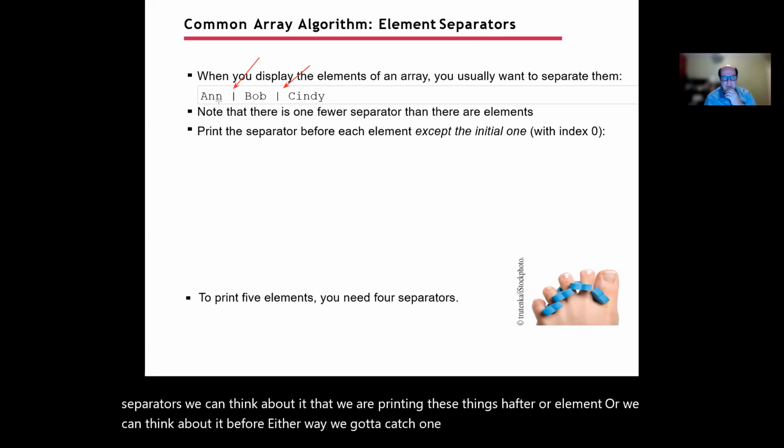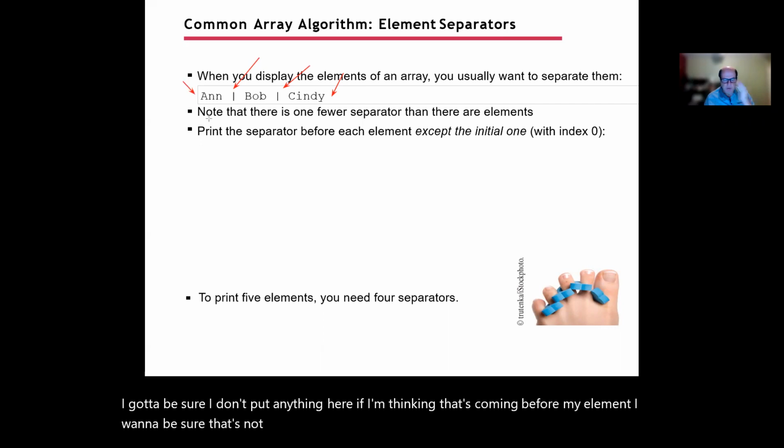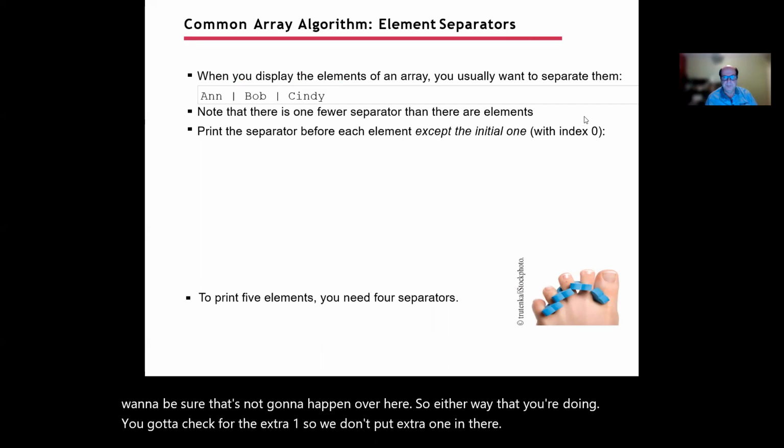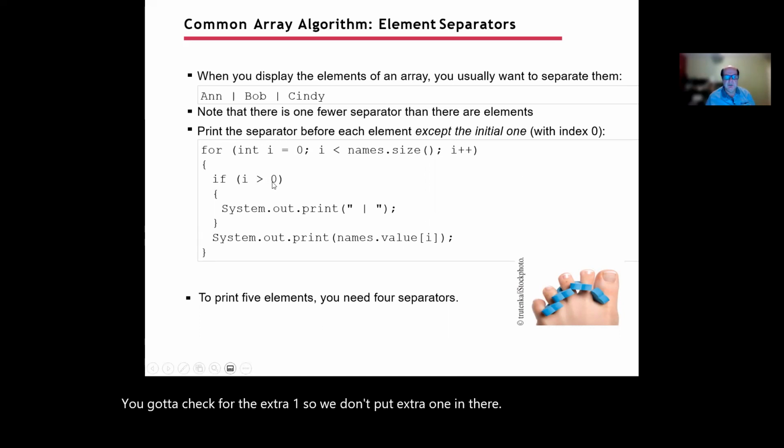If it's going to come after my element, I've got to be sure I don't put anything here at the end. If it's coming before my element, I want to be sure that doesn't happen over here at the start. Either way, you have to check for the extra one so we don't put the extra separator in there. So in this case, we are checking for the 0, then we print this one.